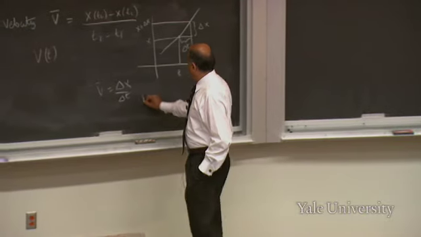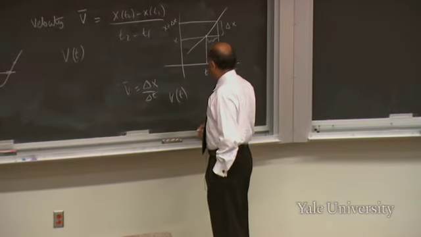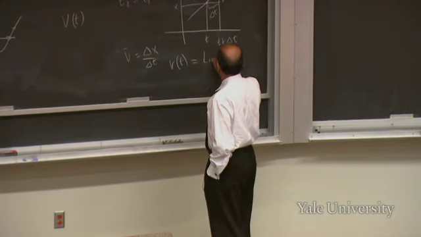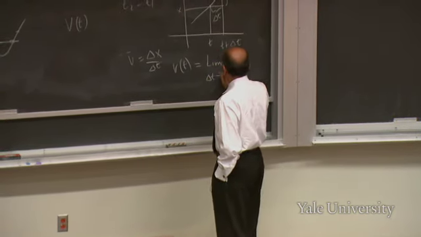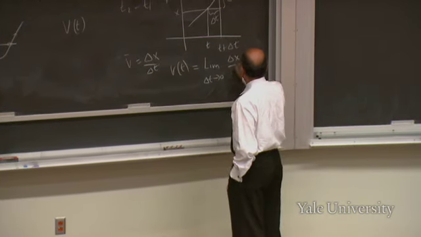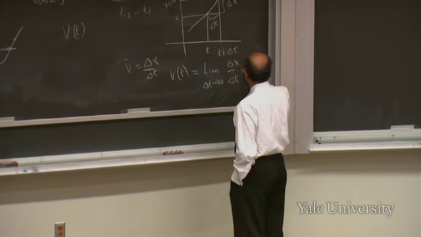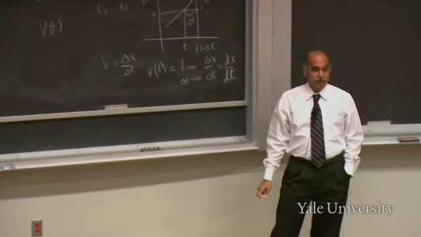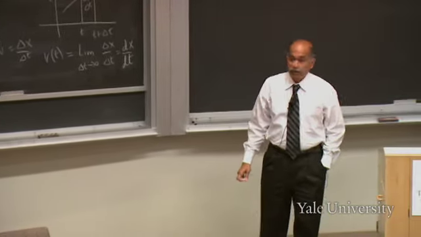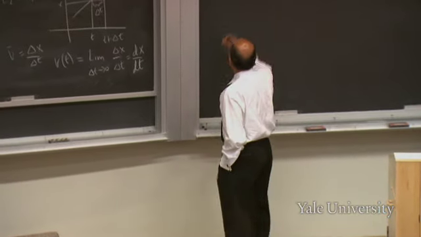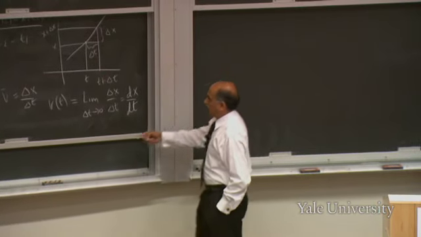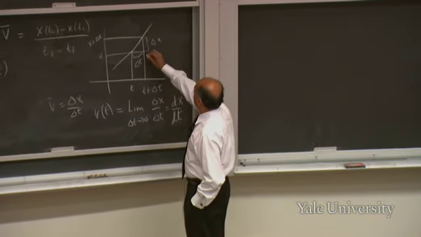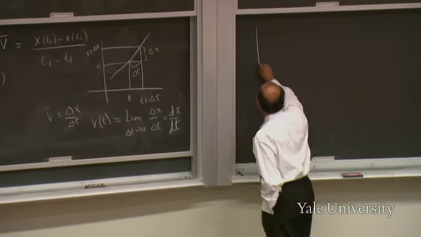So v of t is the limit as delta t goes to 0 of delta x over delta t, and we use the symbol dx/dt for velocity. So technically, if you ask what the velocity stands for, let me draw a general situation.